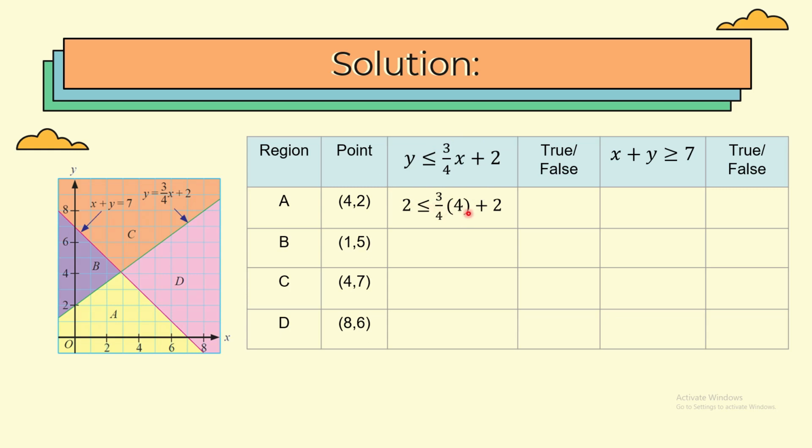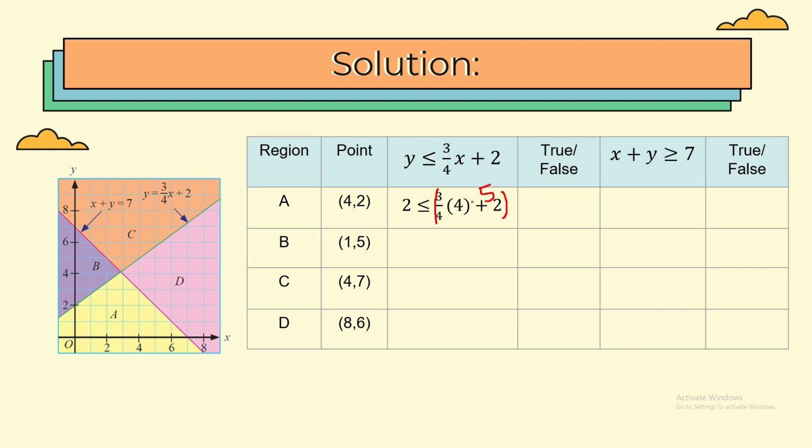How do we determine whether it is true or false? We solve the right hand side and see if it is correct. Is it correct that 2 is lower than the right hand side? I calculate the right hand side and get 5, and then we check 2 is lower than or equal to 5.